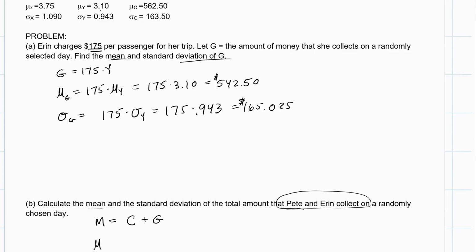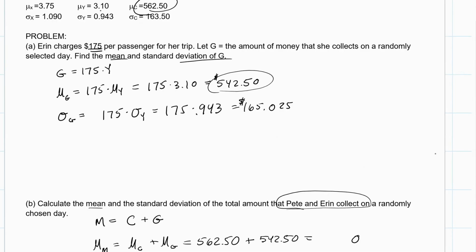And what did we say? The mean of M will be the mean of C plus the mean of G, right? Well, the mean of C we had up here, 562.50, and the mean of G we find right here, 542.50. And if we add those up, 0 plus 0 is 0, 5 plus 5 is 0, carry the 1, 3 plus 2 is 5, 4 plus 6 is 0, but carry the 1. It looks like it's $1,105.